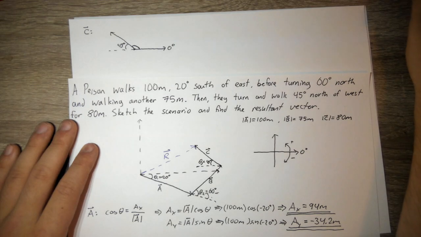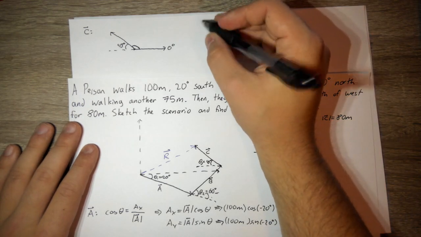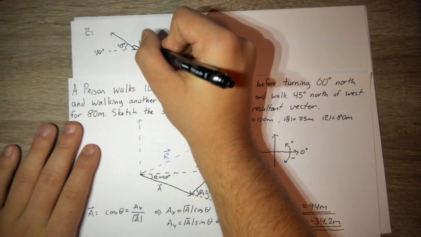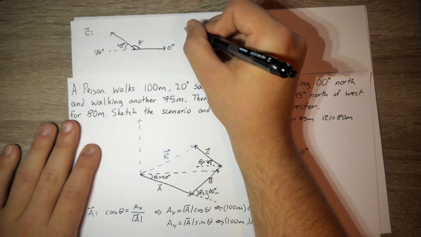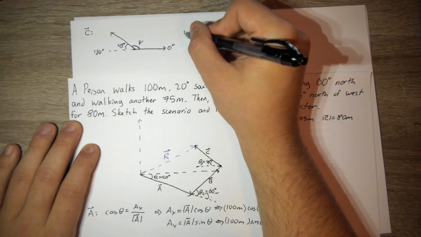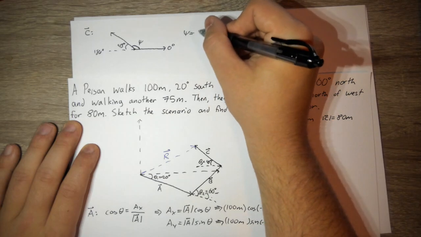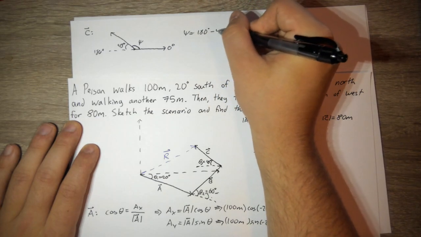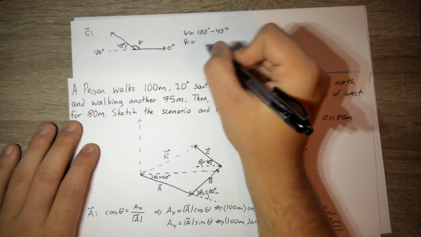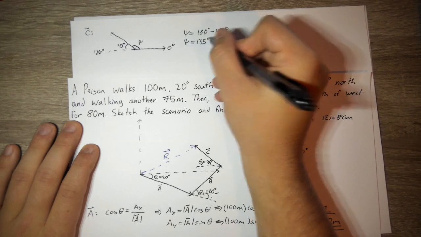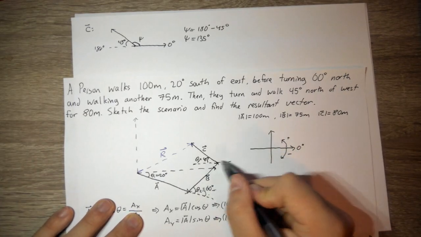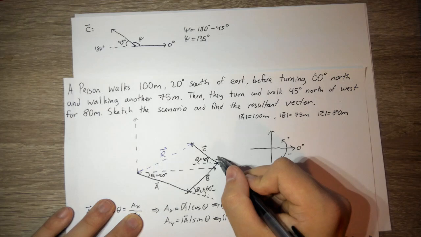So really, what we want to do is take this is 180, and we want to find this angle, which I'll denote by that symbol, which is just 180 degrees minus 45 degrees, which is 135 degrees. So if I draw it on here, we're really using this angle here.